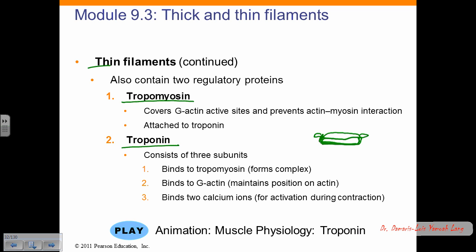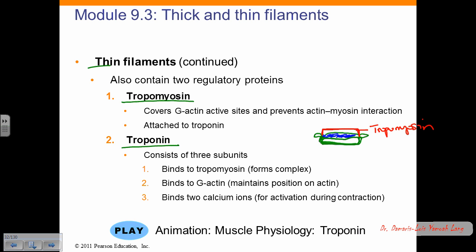So this is the G-actin, all right? And watch this closely. This is a lid. The lid here is tropomyosin. Are you all getting this analogy?